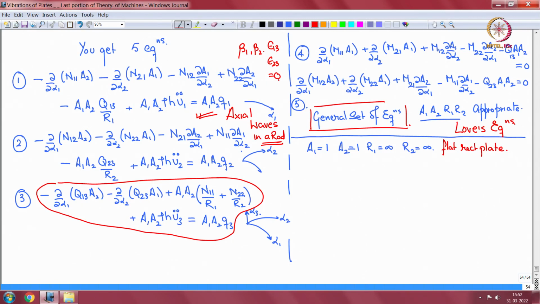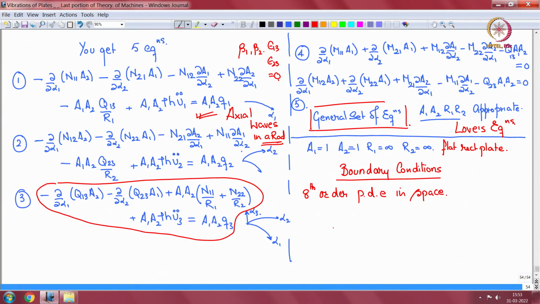Now we have to focus on the boundary conditions. All these equations put together form an 8th order PDE in space. Okay.